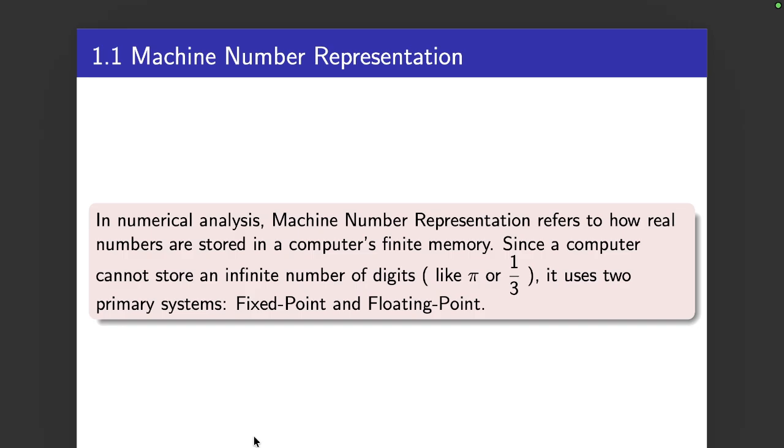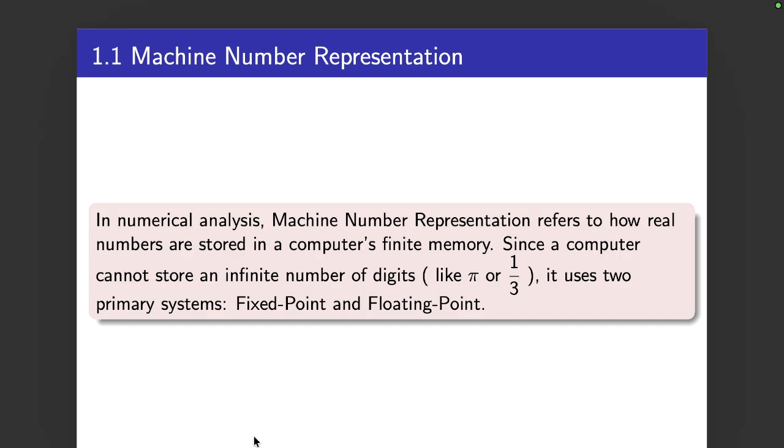Machine number representation. In numerical analysis, machine number representation refers to how real numbers are stored in a computer's finite memory.